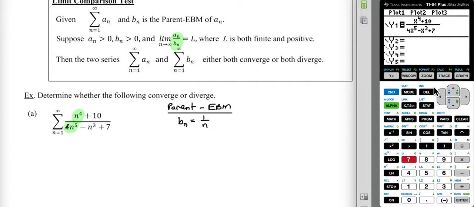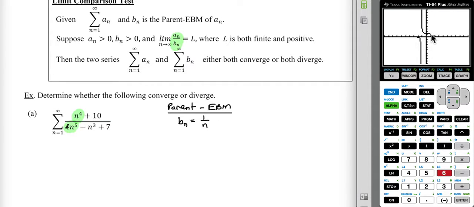All right, so just double checking. Looks like we got it. Just do a zoom 6. I just wanted to verify that it would be positive for the relevant values of n, and it looks like it's above the x-axis, doesn't go below it.